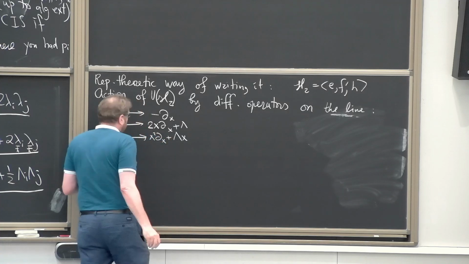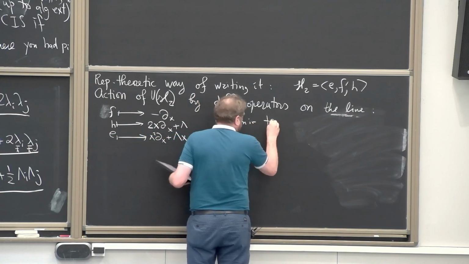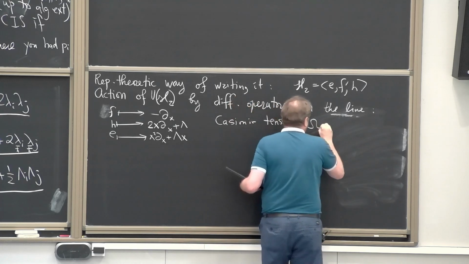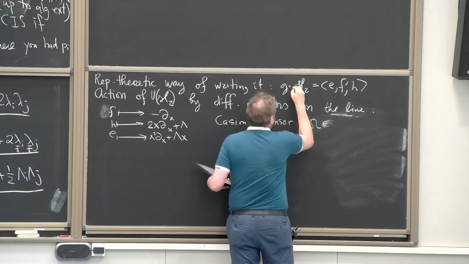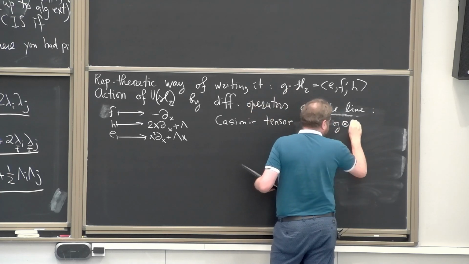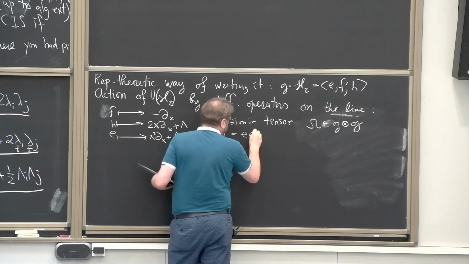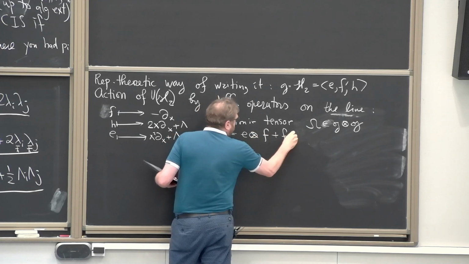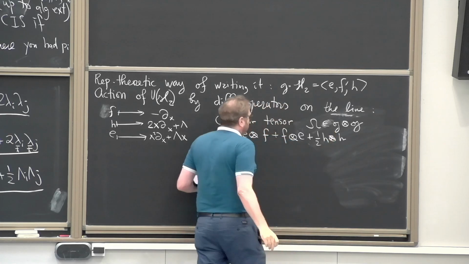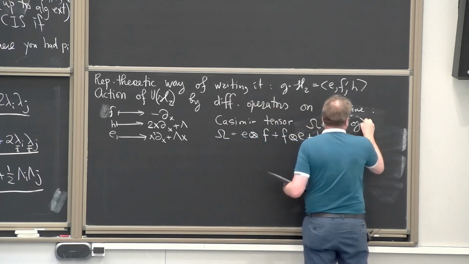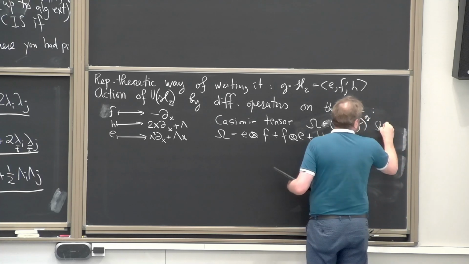Okay, and so then we have the Casimir tensor, omega, which lies in, let's call this g, so in g tensor g. And it's given by the formula E tensor F plus F tensor E plus a half of H tensor H. And this is the unique, up to scaling, invariant element in here. In fact, it lies in the symmetric square.